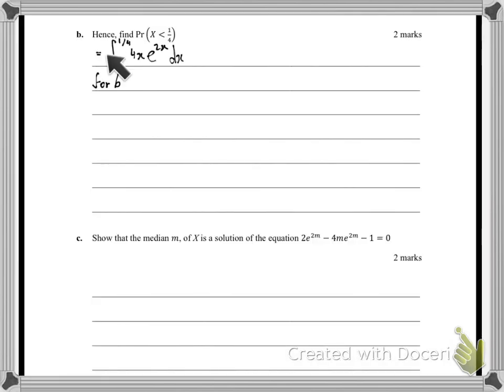Next we're going to find the probability that x is less than a quarter. Well, first off, that's the integral, integrating from 0 to a quarter of the function. Now this structure here, we've got to relate that back to what we noticed in the previous question.